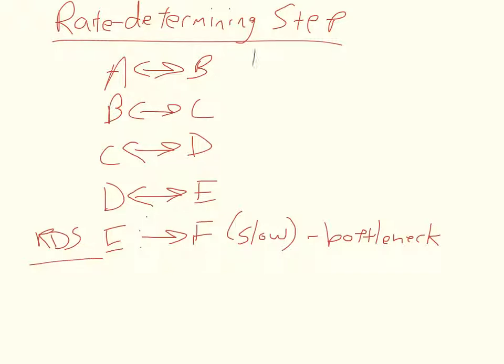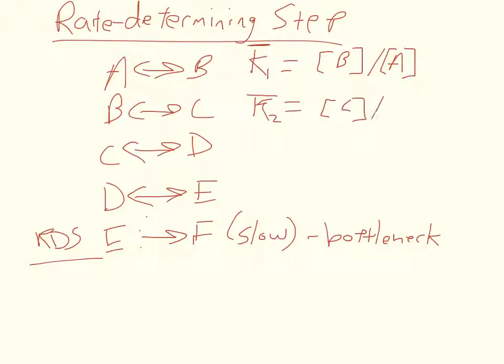So in this case, we could say K1, and let me put a bar over this to signify that this is an equilibrium constant, not a rate constant, is equal to B over A, K2, again with a bar, is C over B, etc. So rather than having differential equations that explain this reaction, we now have these equilibrium equations right here. So it makes the math a lot easier.